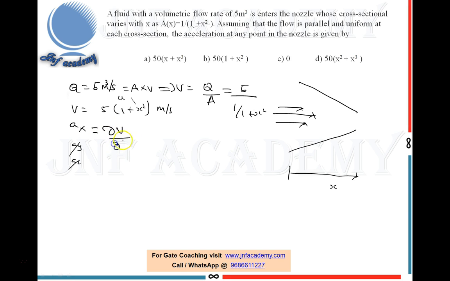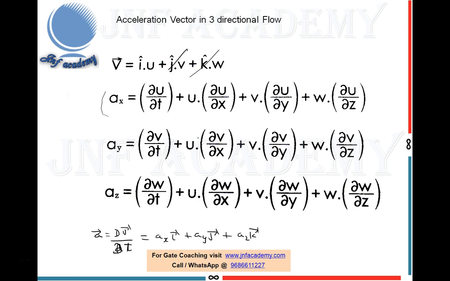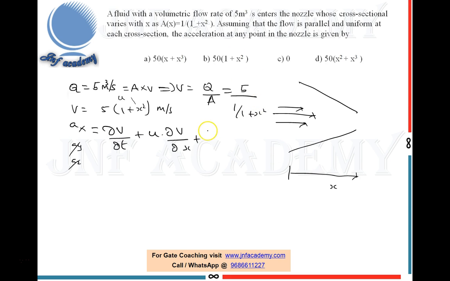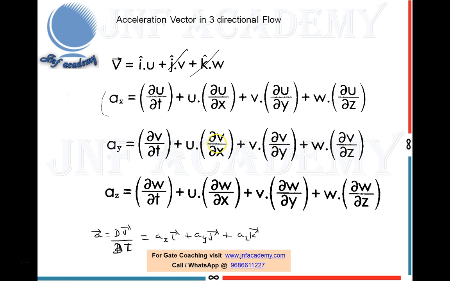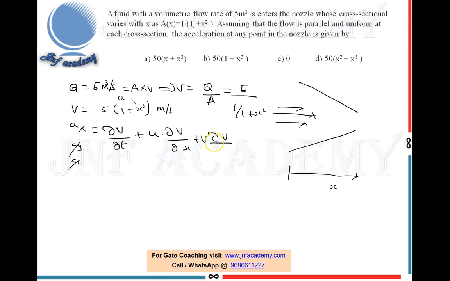Dou u by dou t plus u into dou u by dou x plus v into dou u by dou y plus w into dou u by dou z.